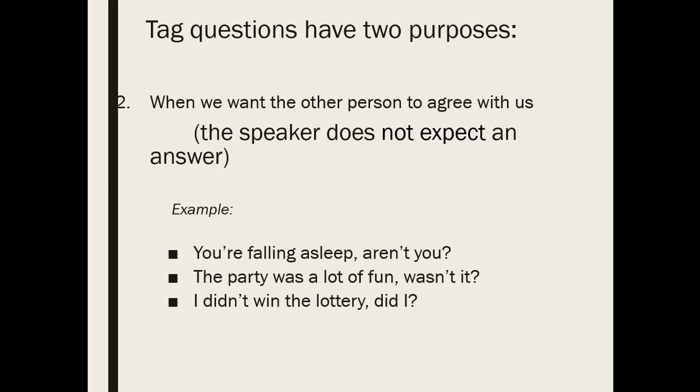For example, he is a teacher, isn't he? This is your car, isn't it? Positive and negative. You're falling asleep, aren't you? Positive and negative. The party was a lot of fun, wasn't it? Positive and negative. I didn't win the lottery, did I? Didn't is the negative and did I is the positive.